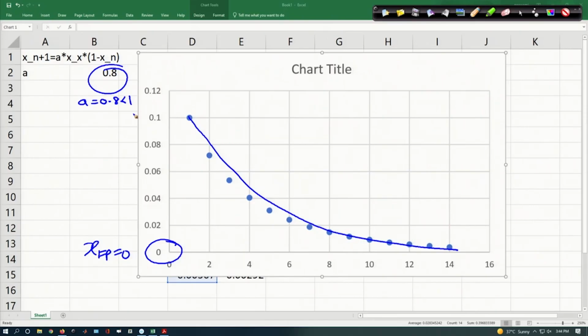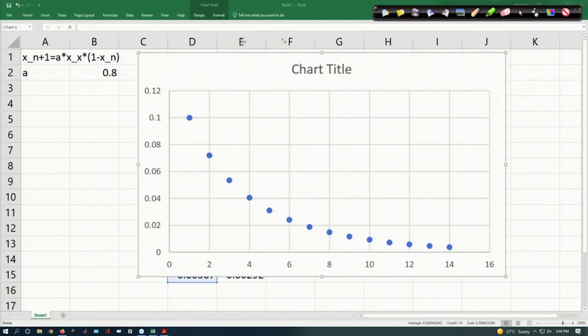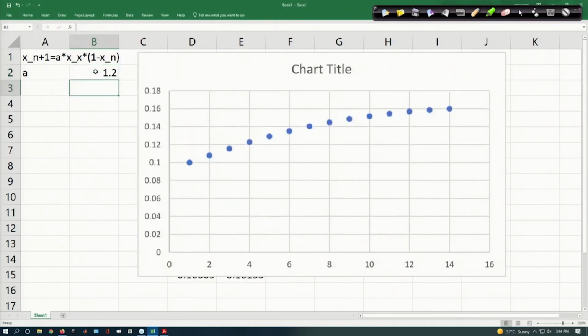Now I will go to the second situation, and I will set this as 1.2. What do I see?